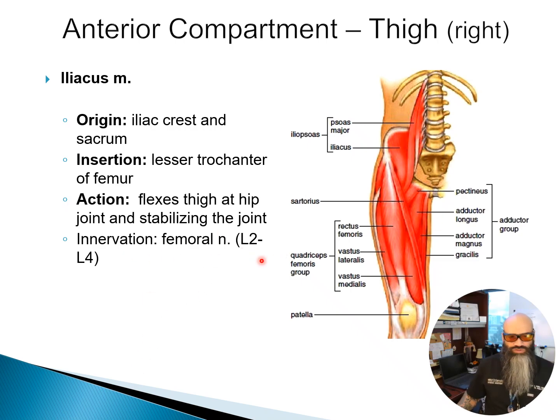And then the femoral nerve is the innervation. Its origin, spinal nerve roots, are at the L2 through L4 levels. Okay? So you want to get a list of all of these innervation names and write next to them, in a column of some sort, the spinal nerve origination.